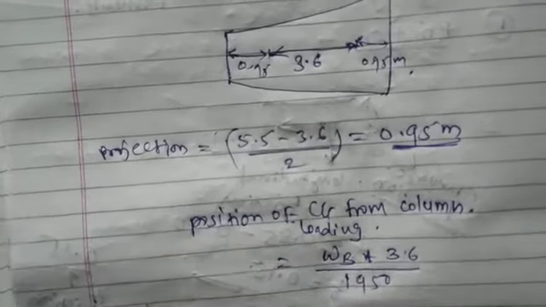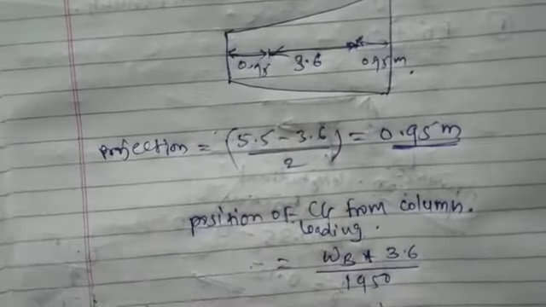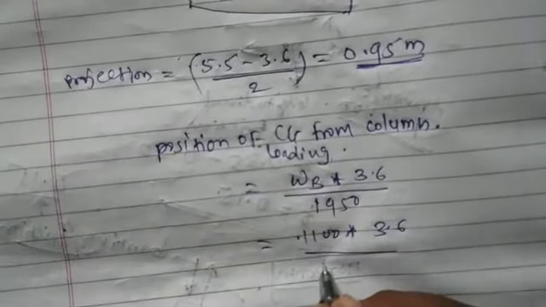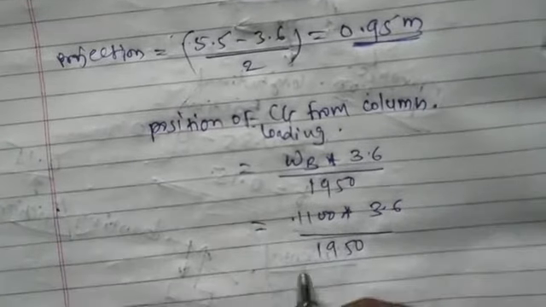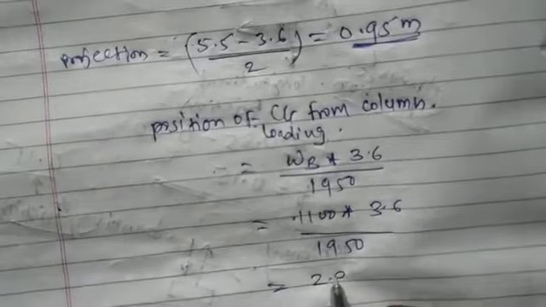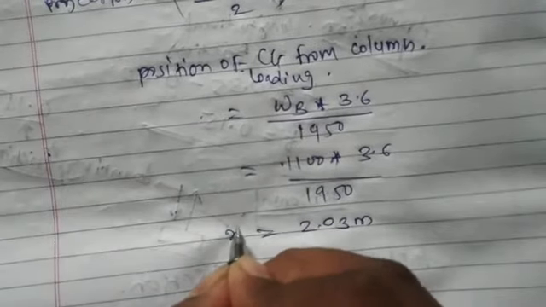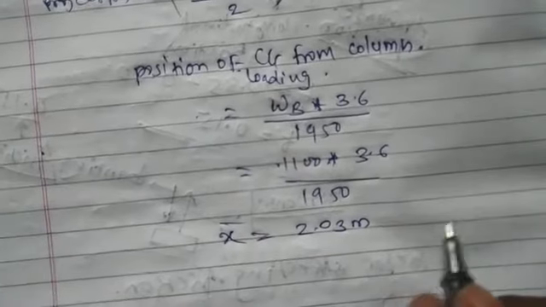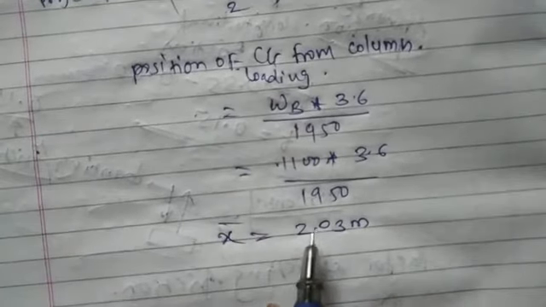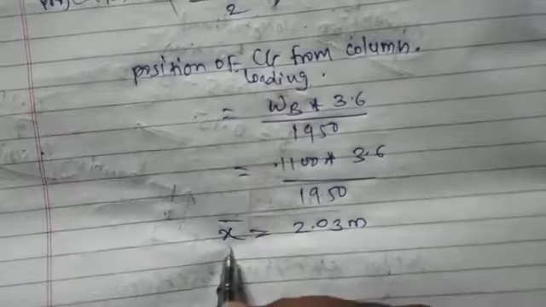So it is 1100 into 3.6 divided by 1950, which will be 2.03 meter. I have calculated this already. We'll denote this position of CG of loading from the center of column A as X bar.